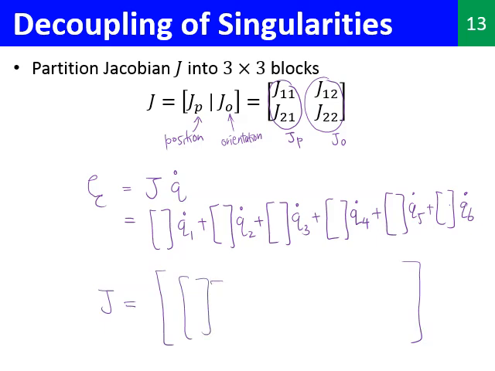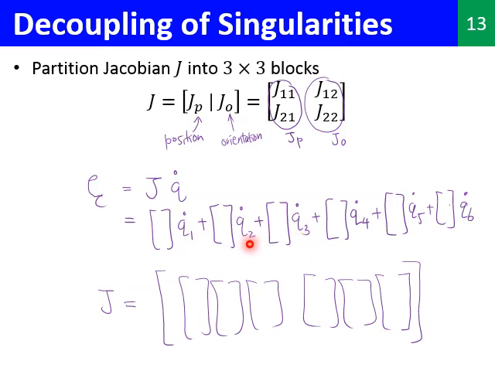Okay, and in the Jacobian matrix we have these 6 columns, and we know that for this manipulator the first 3 joints determine the position of the wrist center, and therefore these 3 columns would be denoted by JP, P for position, and the final 3 joints will determine the orientation of the wrist.